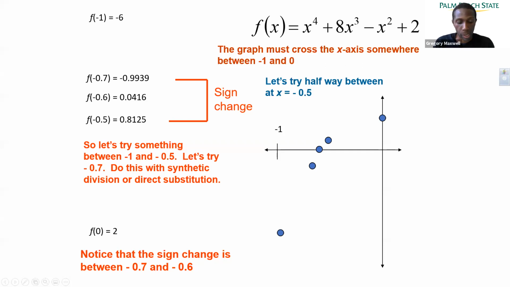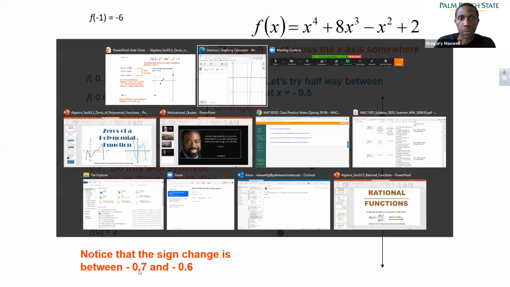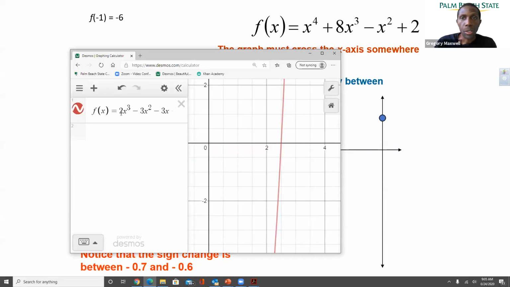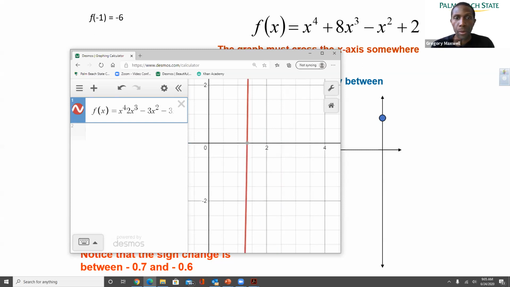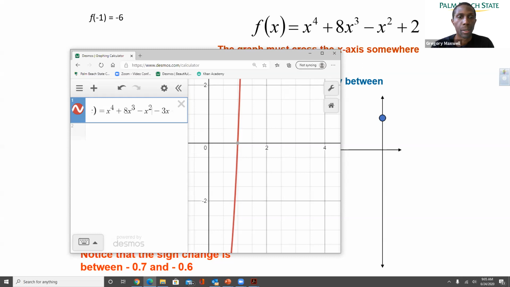Now let's take a look at what it looks like on Desmos. So I go x to the power 4 plus 8x cubed minus x squared plus 2.